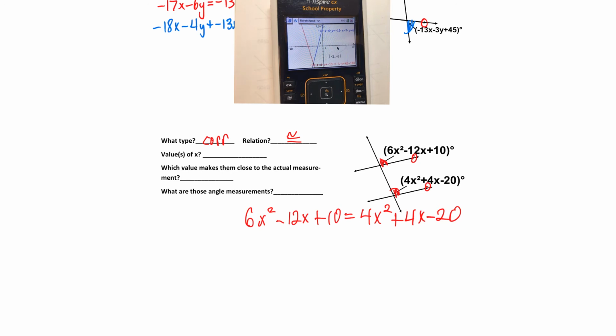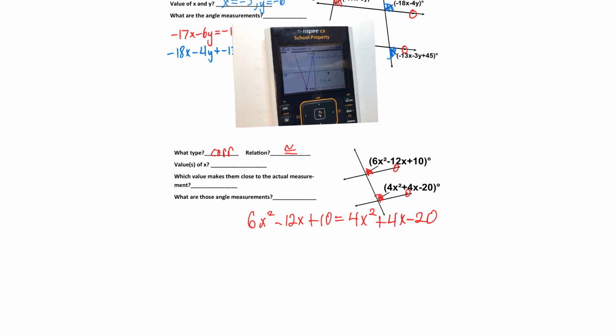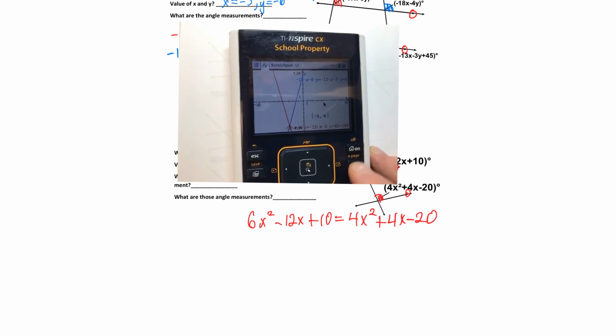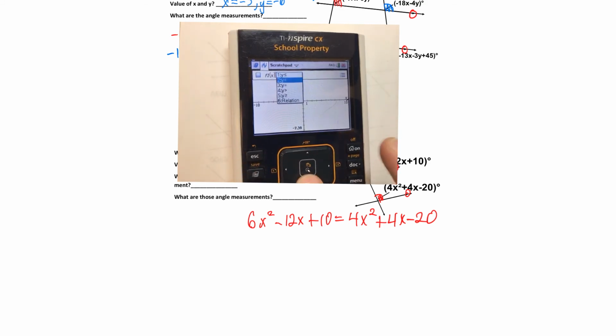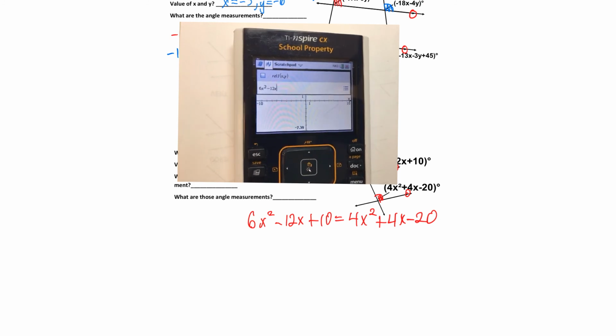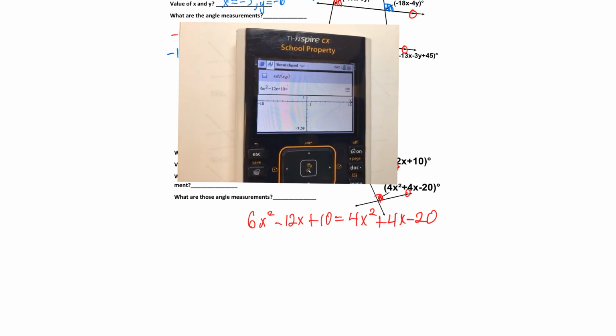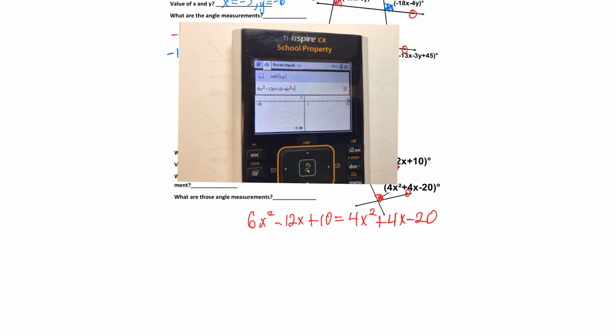And we could set this equation equal to 0, just move everything to one side. You could do that, or we can just type it in like this, just type this into relation. So let's do that. Okay, so 6x squared minus 12x plus 10 equal 4x squared plus 4x minus 20.